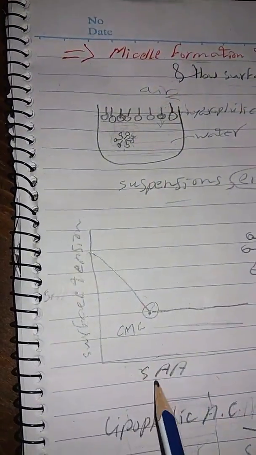By adding more molecules of surface active agent, surface tension is reduced until we reach this point, which is called critical micelle concentration.